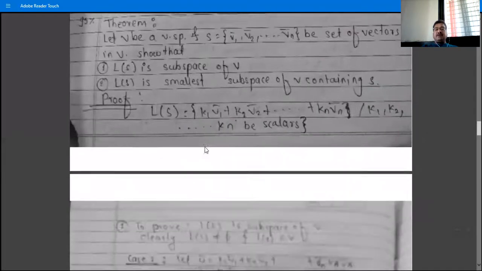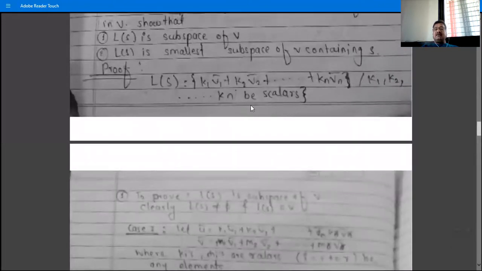U bar is a linear combination of V1, V2, Vn, so take U bar as K1 V1 plus K2 V2 plus Kn Vn, and take V bar as M1 V1 plus M2 V2 plus Mn Vn. These K1, K2, Kn and M1, M2, Mn are all scalars.